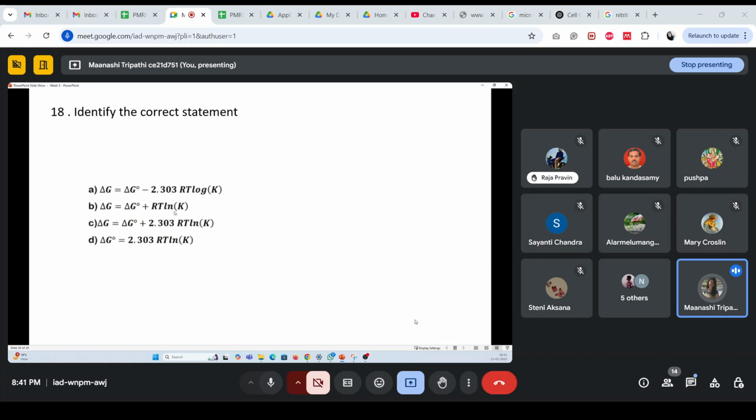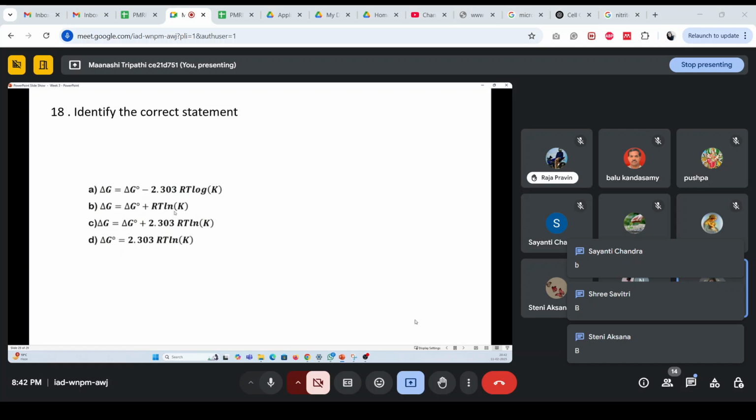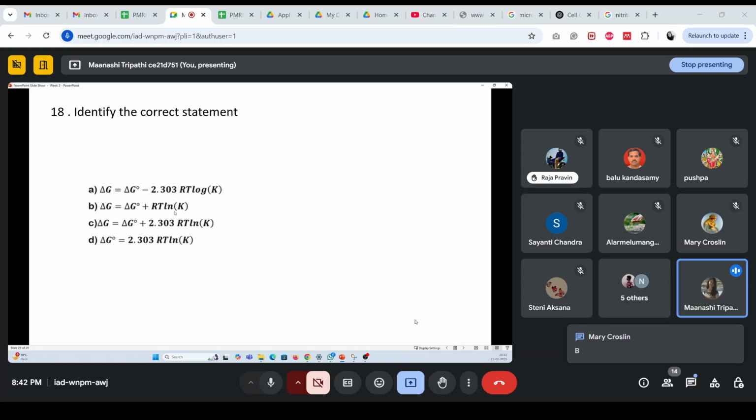Be very mindful whether we are using log or ln. Many people have made this mistake in past exams, confusing ln and log. All of you have answered correctly. So the answer is option B.